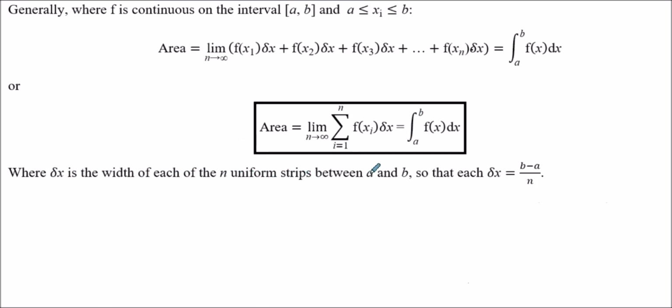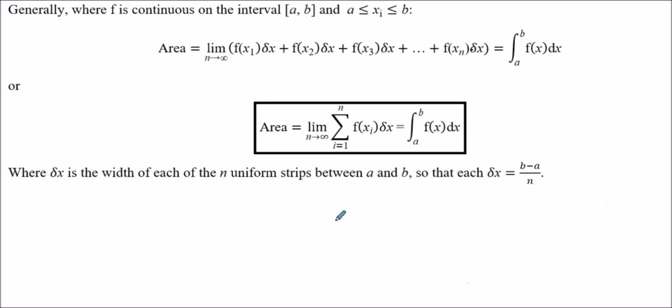So if we have n strips between A and B, generally speaking, not just between 0 and B, the width of each strip will be the distance between B and A, divided by the number of strips. So each dx will be b minus a over n. In our example, the width was x because our b was little x and we started from 0, so we had x over n, but this is the general case for the width of each strip.